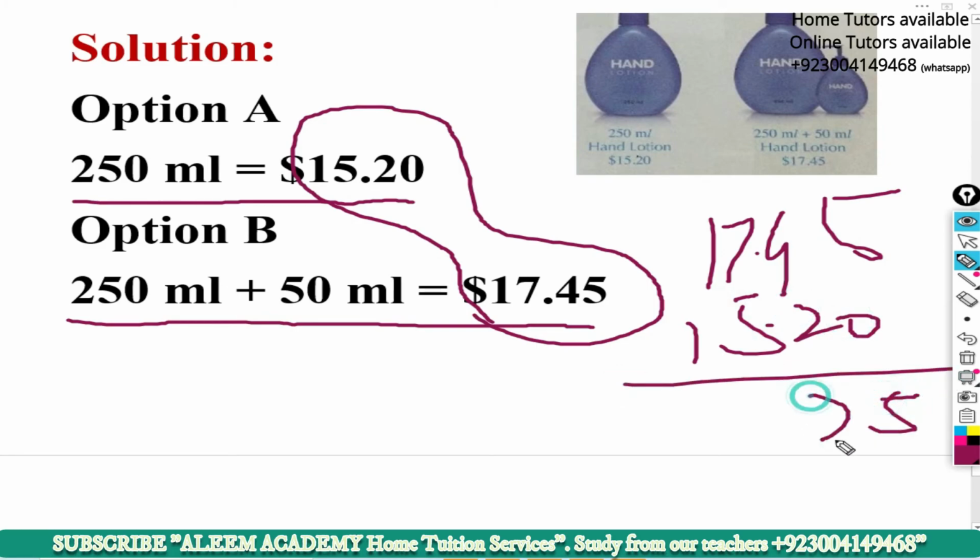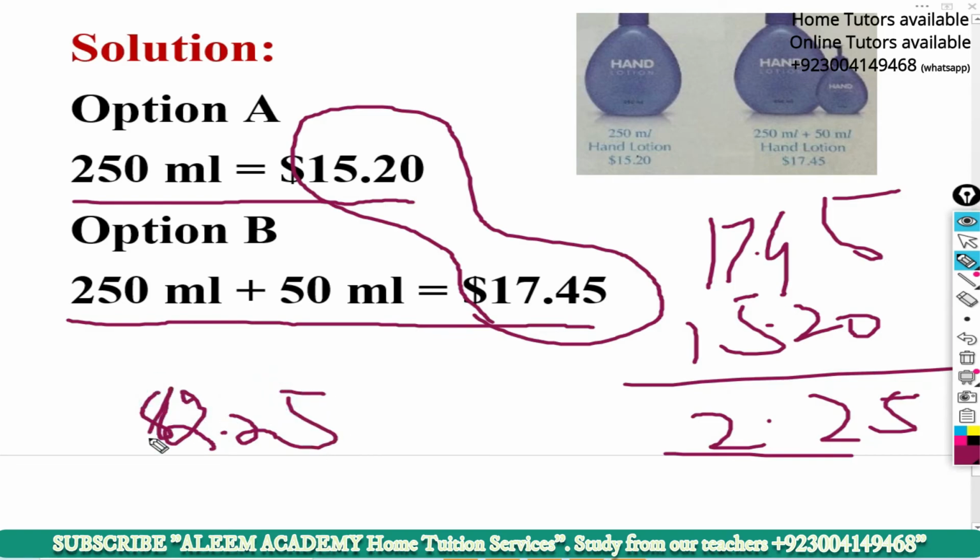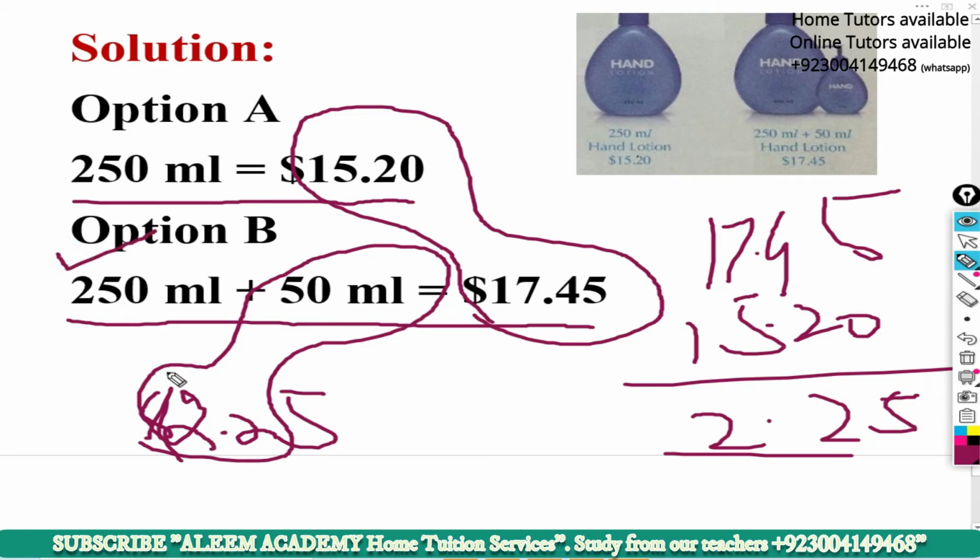The difference is $2.25. So in extra $2.25 you are getting this 50 ml. You got it? You are getting an extra 50 ml only in $2.25. So this shows that option B is better.